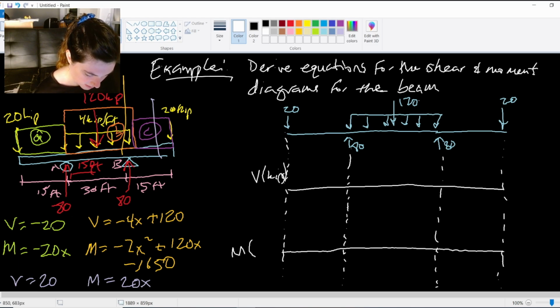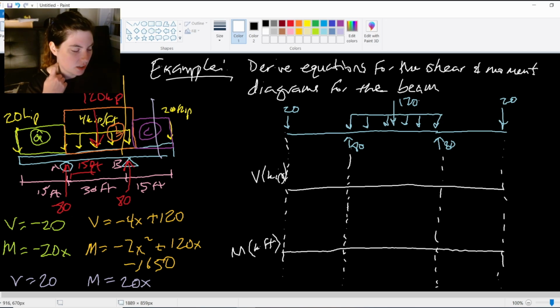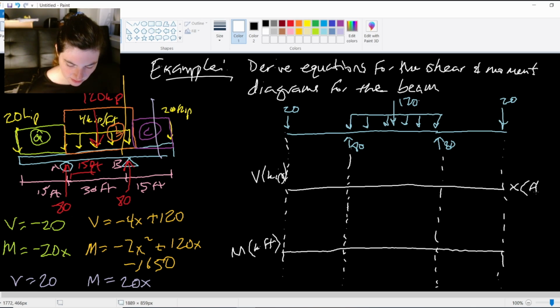So my moment has units of kip feet, right? Kips times feet, kip feet. And then my distance x is in feet. Perfect. So this is the basic framework that we'll use to start plopping these equations on here.